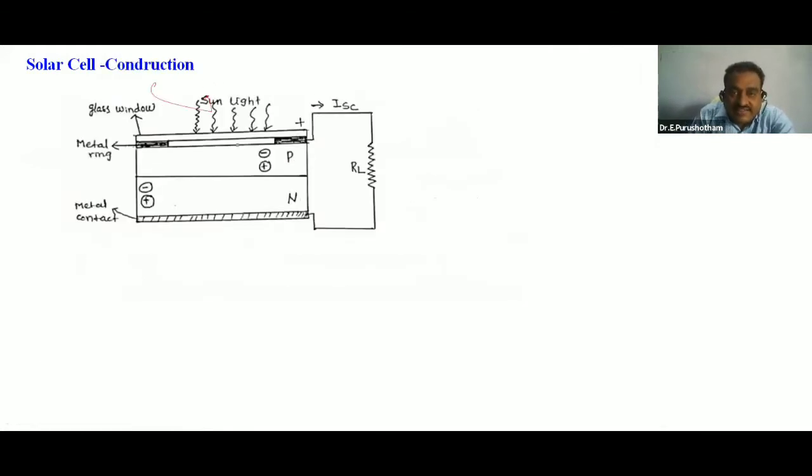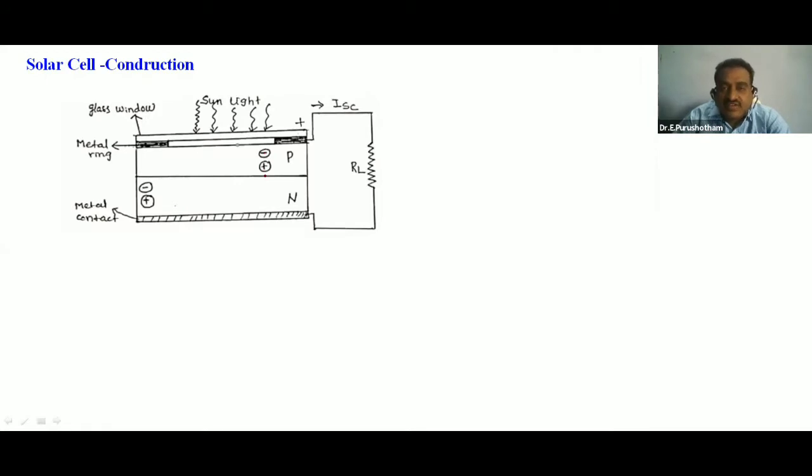When sunlight is incident on the PN junction diode, the sunlight is divided into small packets called quanta or light photons. The light photons collide with electron hole pairs.